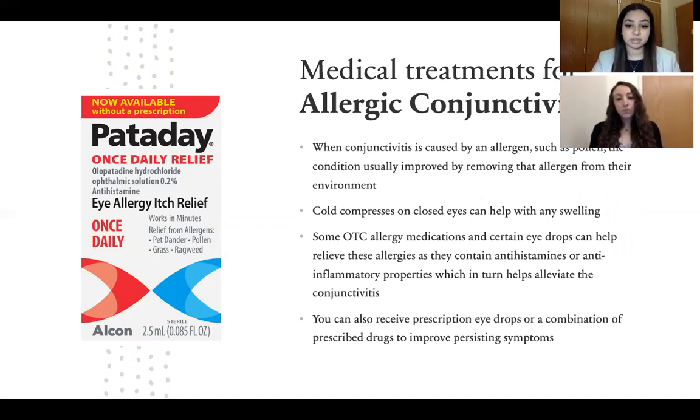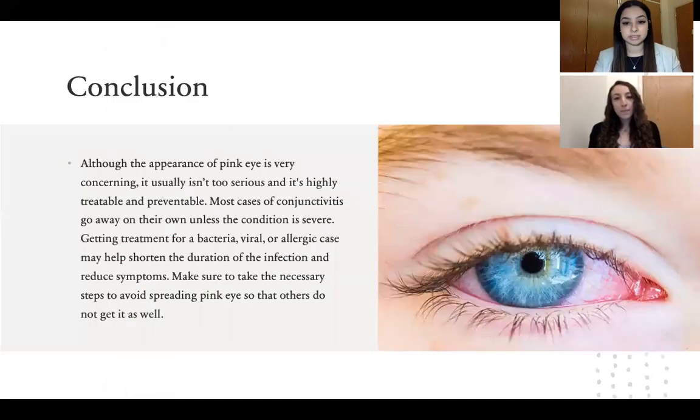Cold compresses on closed eyes can help with any swelling. Some OTC allergy medications and certain eye drops can help relieve those allergies as they contain antihistamines or anti-inflammatory properties. You can also receive prescription eye drops or a combination of prescribed drugs to help improve persisting symptoms.